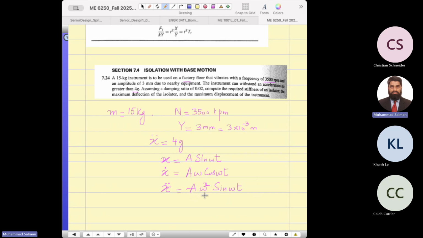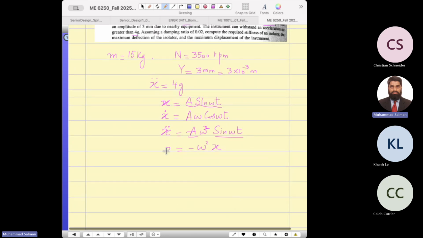Now what is this, a sine omega t? A sine omega t is again x. And if you take the displacement, I can write down the displacement.